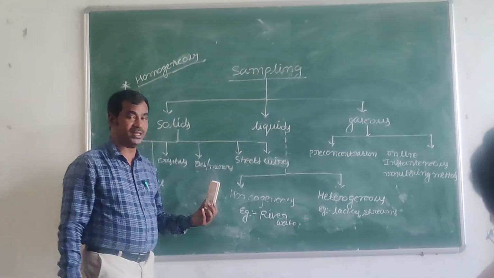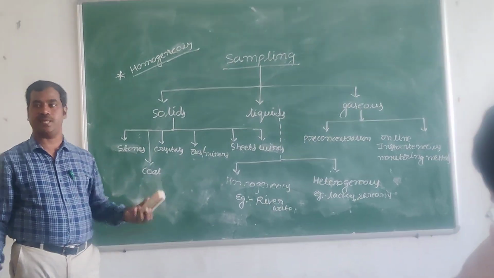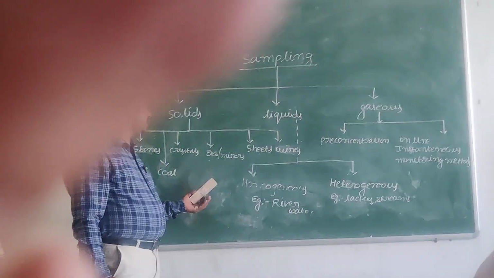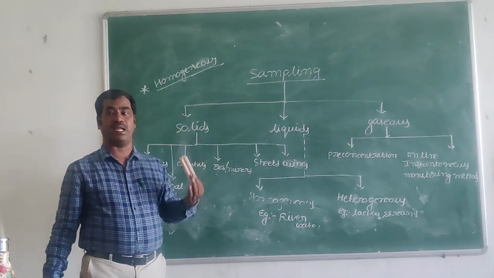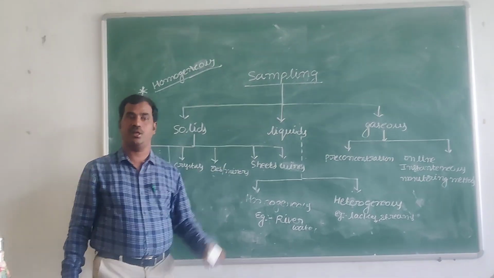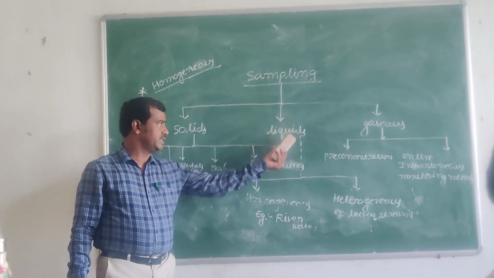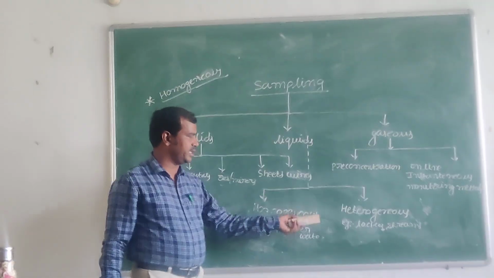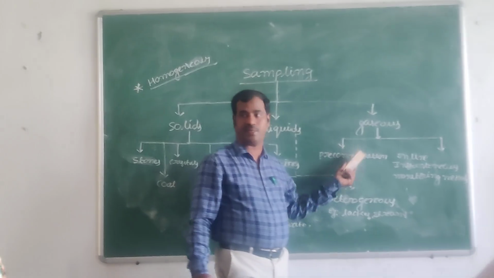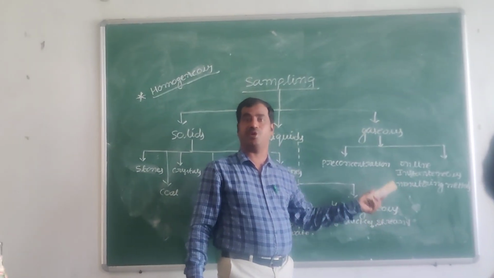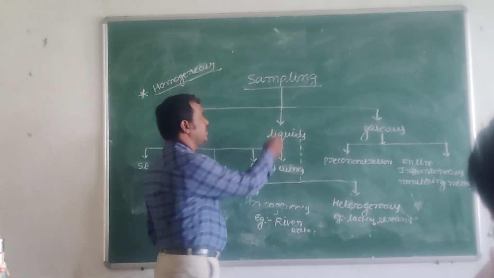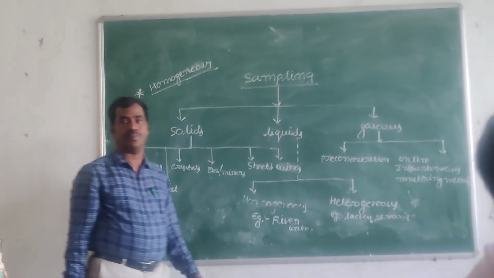These are all the methods for collection of samples as well as the nature of samples. So now we discuss how solid samples are collected and converted from large quantity to small quantity, and for liquids, homogeneous and heterogeneous liquids, and for gaseous, pre-concentration and online instantaneous monitoring methods. These are the different natures of samples. So that is the classification of samplings.